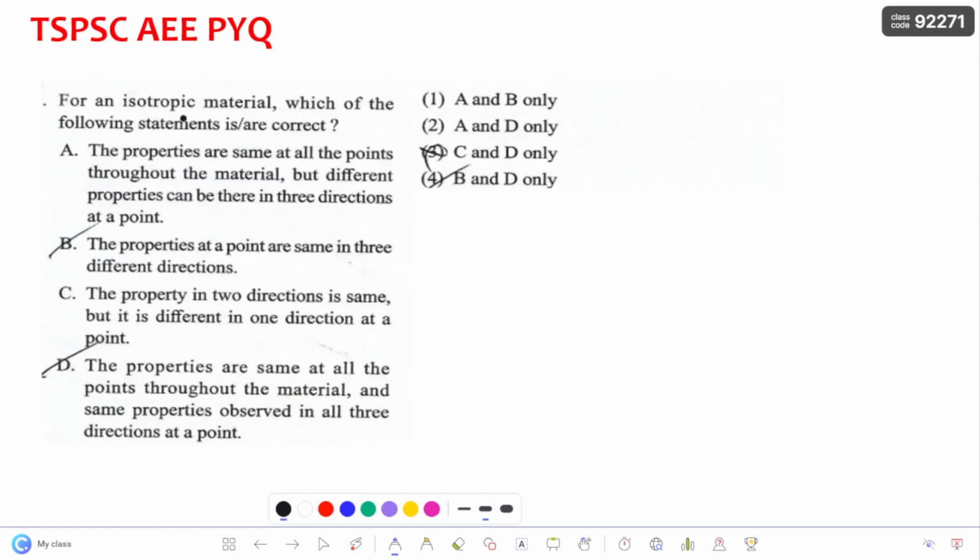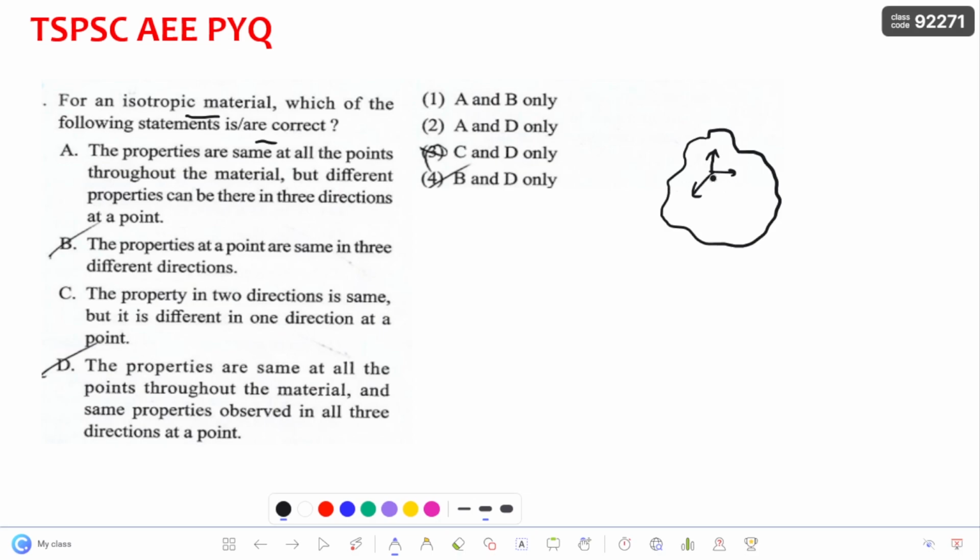Next, coming to the third question. For an isotropic material, which of the following statements are correct? First you have to understand what isotropic is. If you consider a body, and in that body if you consider a point, the properties are equal in three different directions. This is nothing but the isotropy of the material.